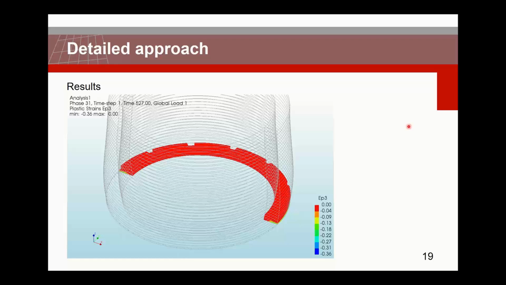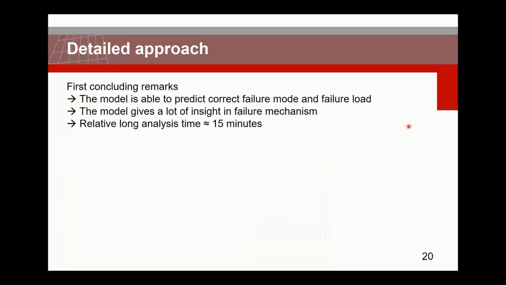But in the end, we are quite well capable of describing the correct failure mode and also the failure load, so that means the layer at which it fails. Also, the model gives us quite some nice insights on how, for example, the compressive strength is developing related to time, and also how the stresses are developing in the model.